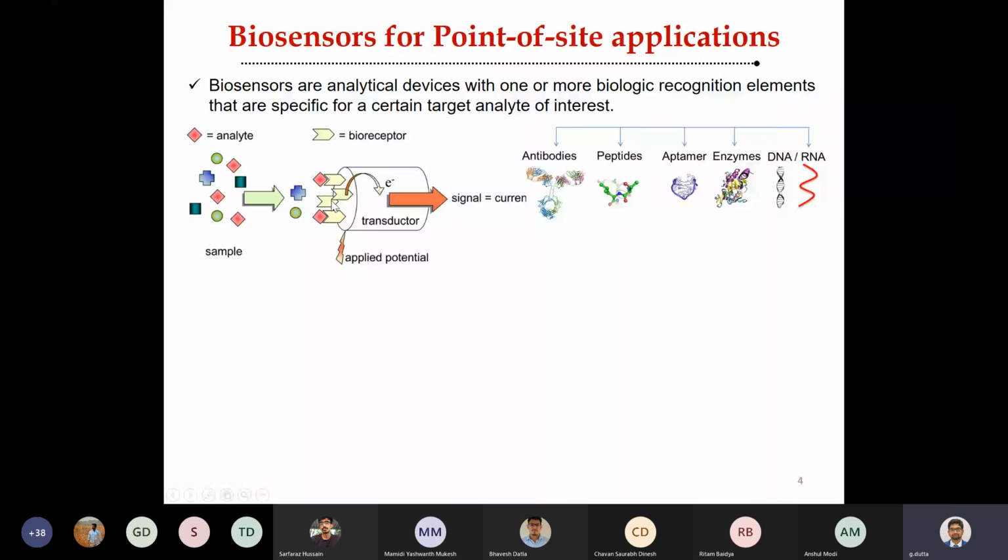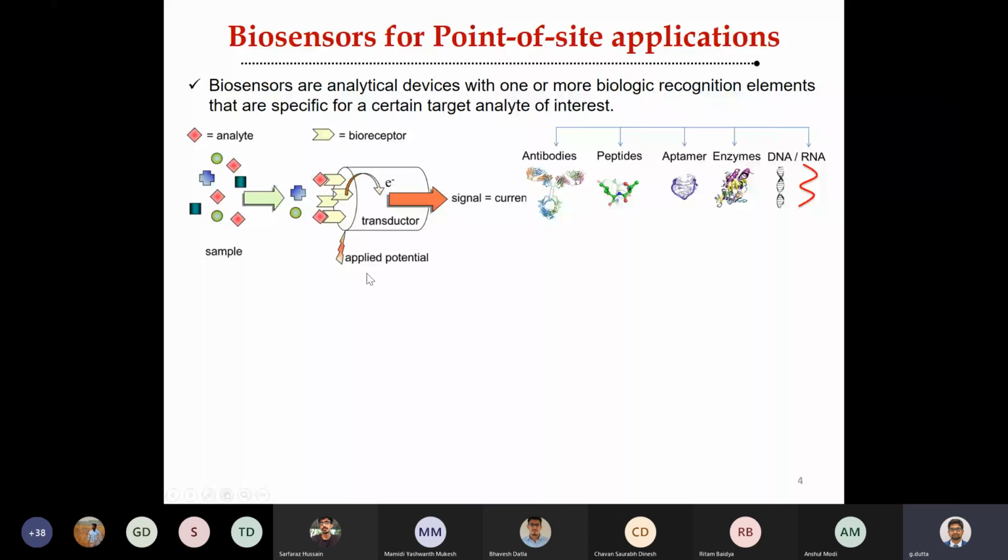The transducer is nothing but a sensor surface where you immobilize your bioreceptor and you apply some potential, meaning some applied voltage. Then you get some output signal, in the form of current or charge.